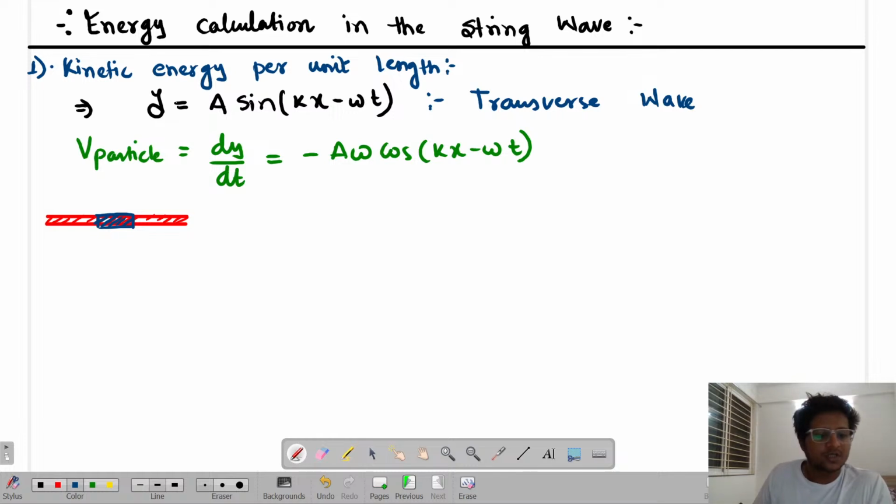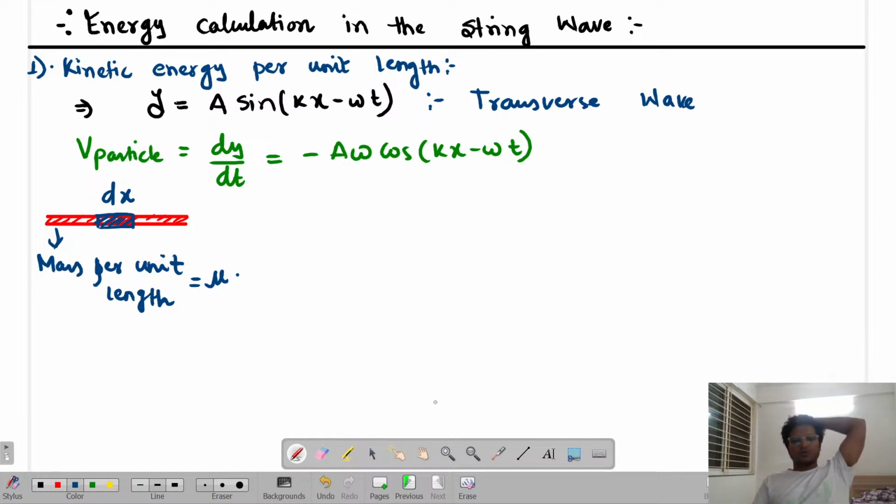So I'll consider a very small length dx. Since the string has mass, mass per unit length is given to you, which is equal to μ. Are you able to get me?